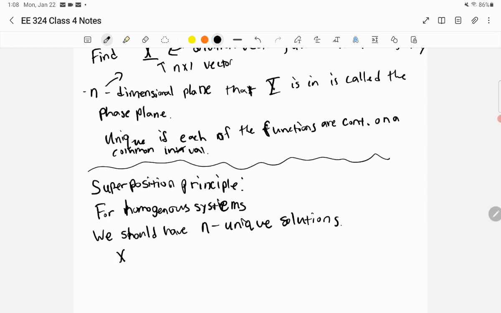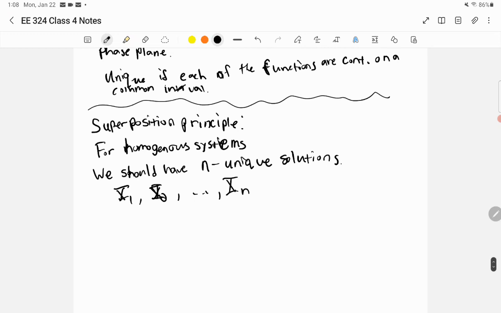And each of them is going to be x1, x2, through xn. These are all going to be solutions, right? Just like before, we saw something similar. But in this case now, these are vectors.